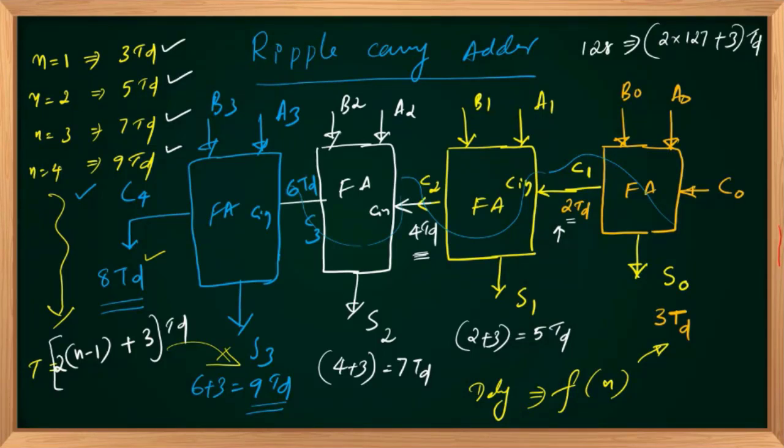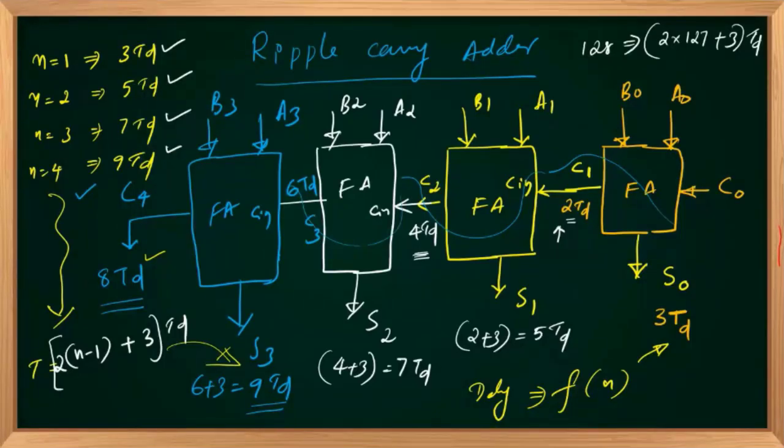Aravind also initially specified 3 plus 2 times n minus 1 TD, right? Very good. So actually the delay increases as a function of the number of digits, right? As the number of bits increases, the delay to produce the sum as well as the carry out both increase, right? So the adder will have a poor performance with respect to its speed of operation, right?